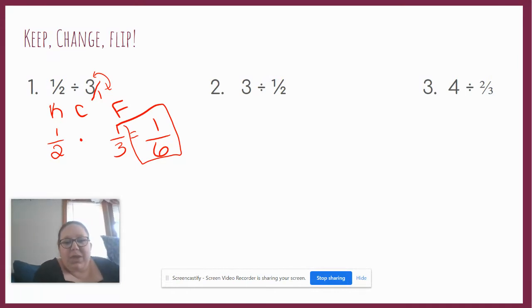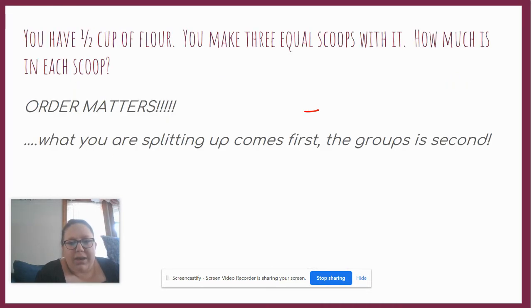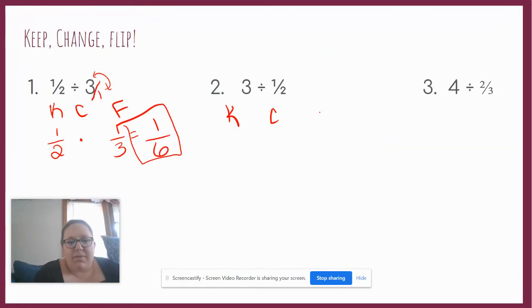And now we have 3 divided by 1/2. I'm going to write my 3 steps again. Keep, change, flip. And again, hopefully you're all singing our special cheer in your head. So 3 stays the same.